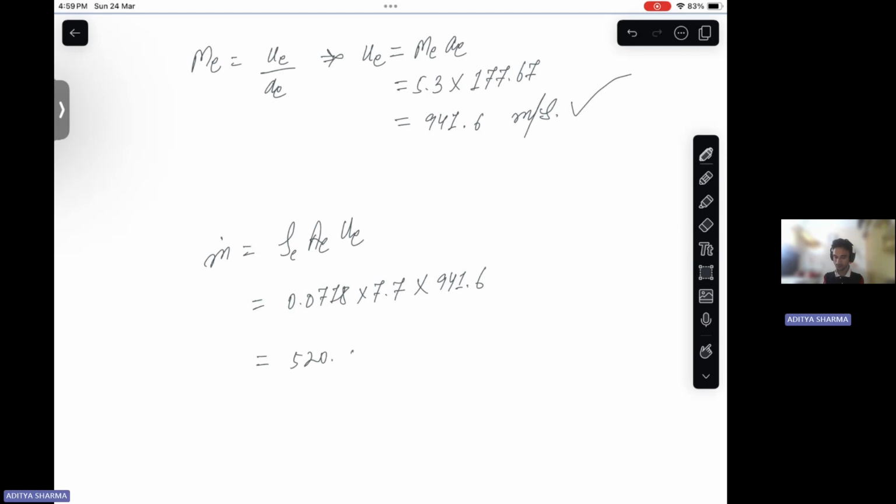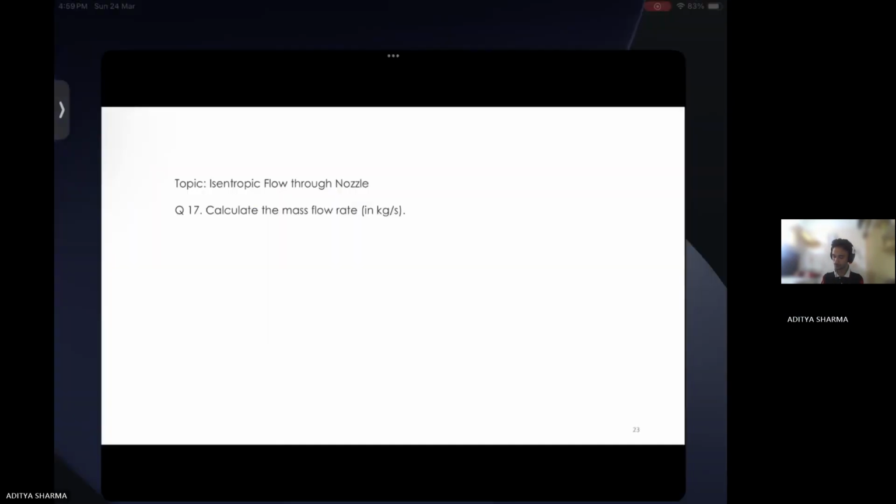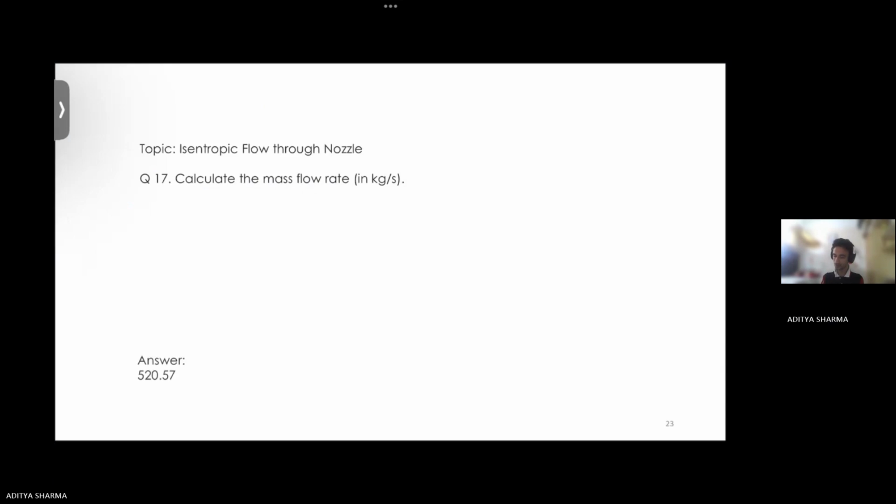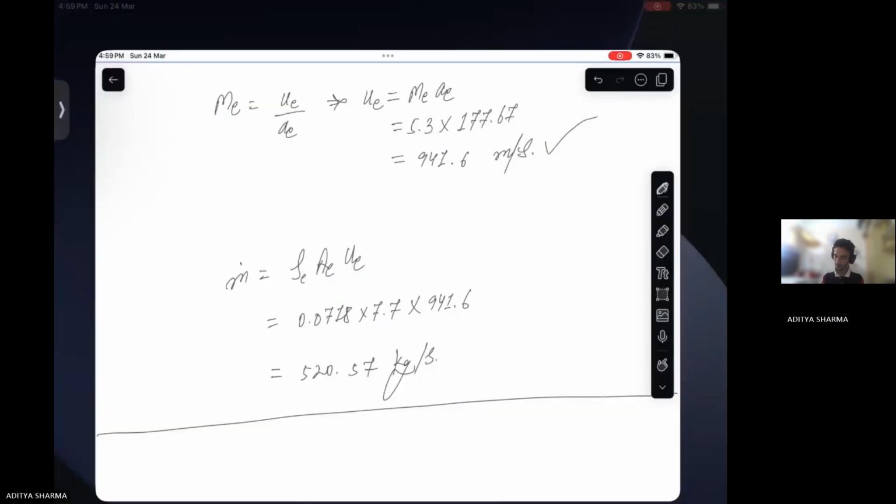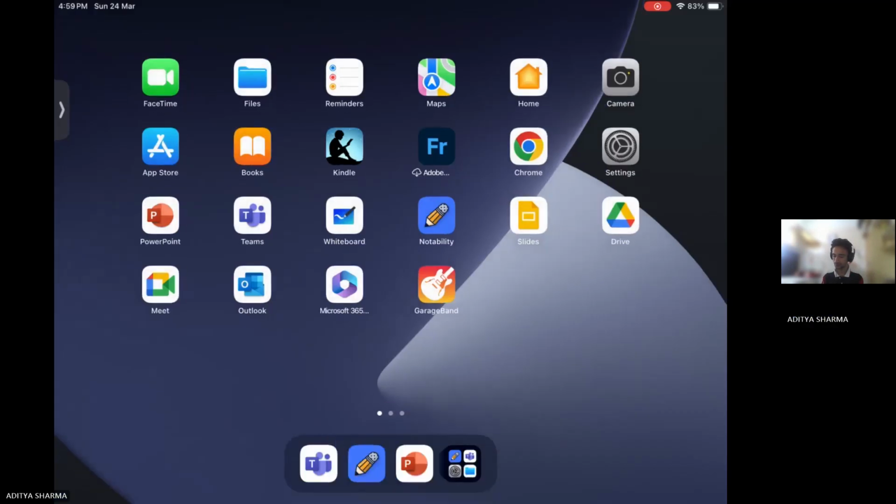And what we get is the mass flow rate in kg per second.